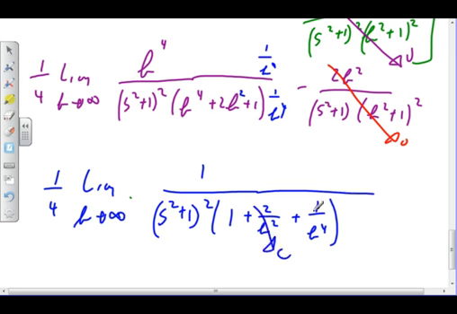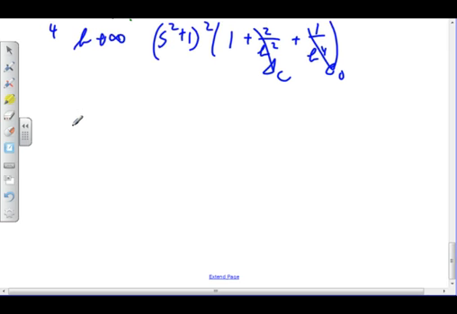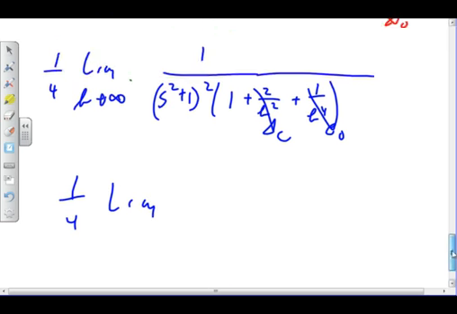This guy goes to 0, that guy goes to 0. And I end up with 1/4 limit. Oh, I don't have to take the limit anymore. I end up with 1/4 times 1 over s squared plus 1 squared.